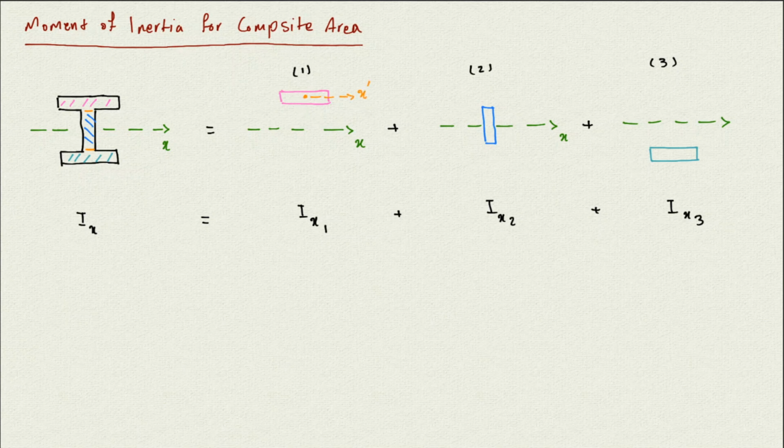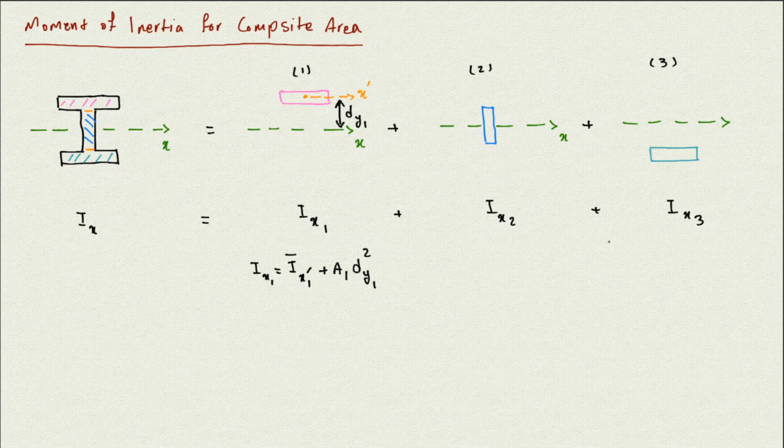So Ix1 is Ix1 about its centroid, its moment of inertia about its centroid, plus its area times dy1 squared, where dy1 is the distance between these two axes.